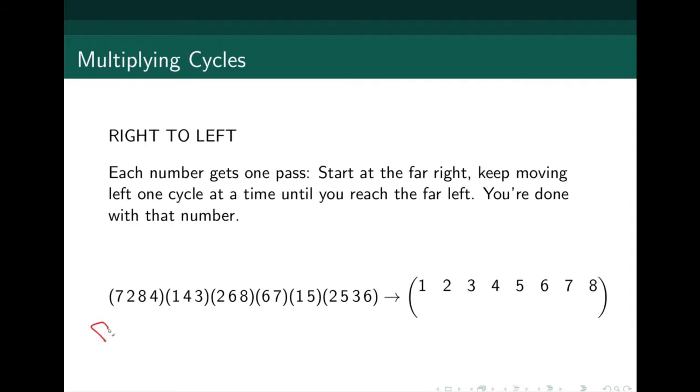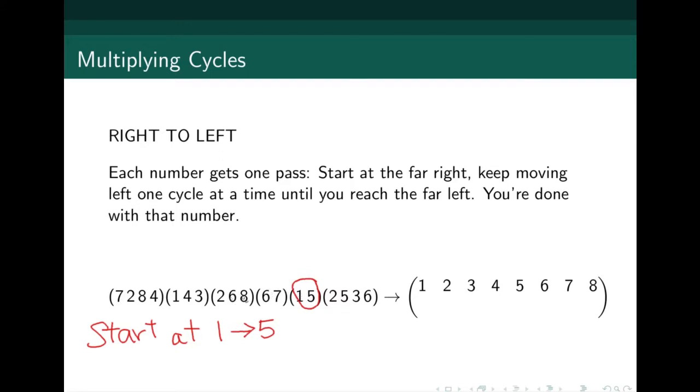The first thing I want to do is start at 1. I don't see a 1 in the first cycle. I do see a 1 in the second cycle, and in that cycle, 1 goes to 5. So I've started at 1, and I go to 5. Now I'm at 5.